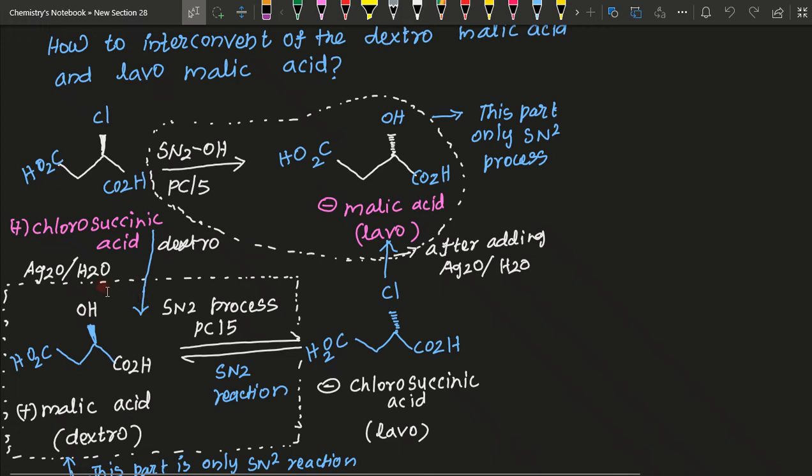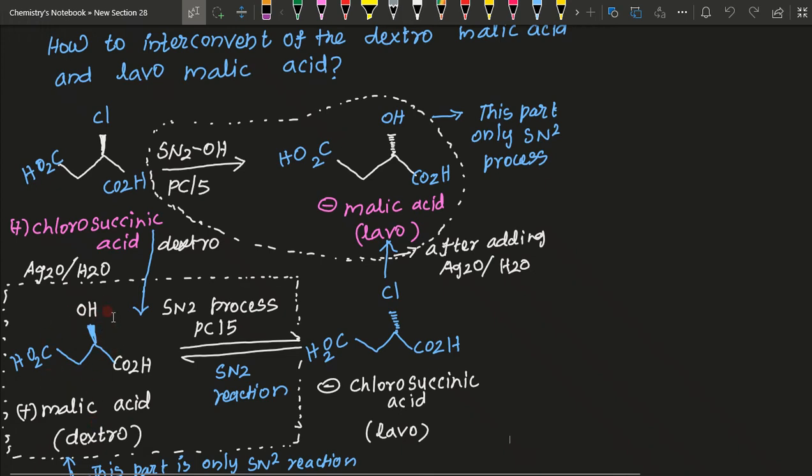Again we use Ag2O with H2O. This plus chlorosuccinic acid, when treated with Ag2O with H2O, converts to plus malic acid, dextro.